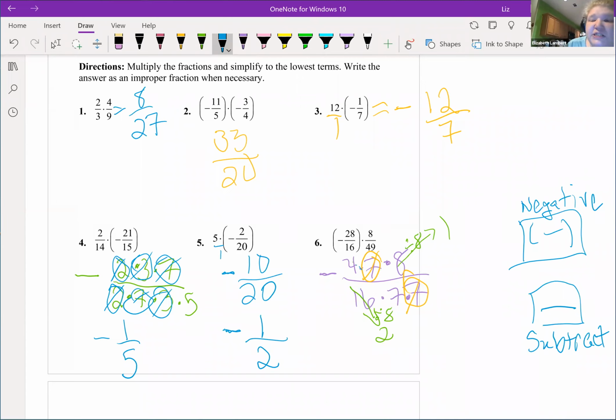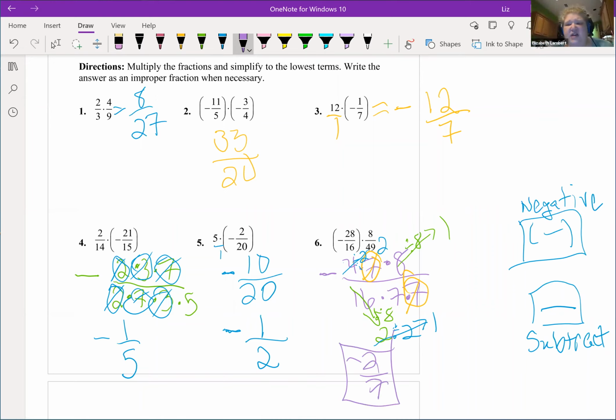The 4 and the 2 can be reduced more. So I can divide that by 2 and divide the 4 by 2, turning this into 2 and then this into 1. The only thing left on the bottom is a 7. The only thing left on top is a 2. So our final result is negative 2/7. See, not too bad. Just got to put them together and simplify.